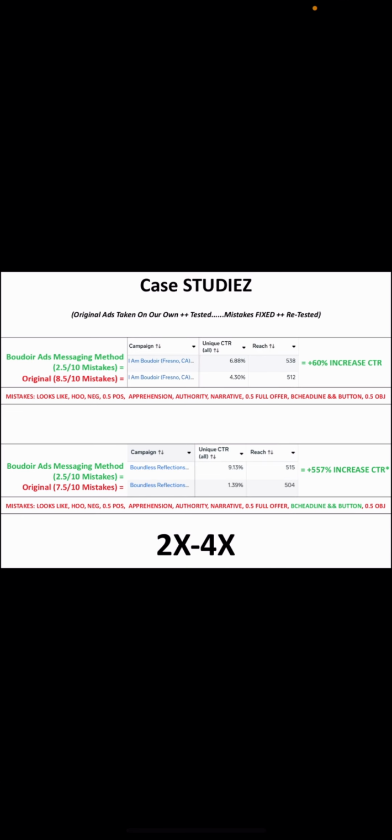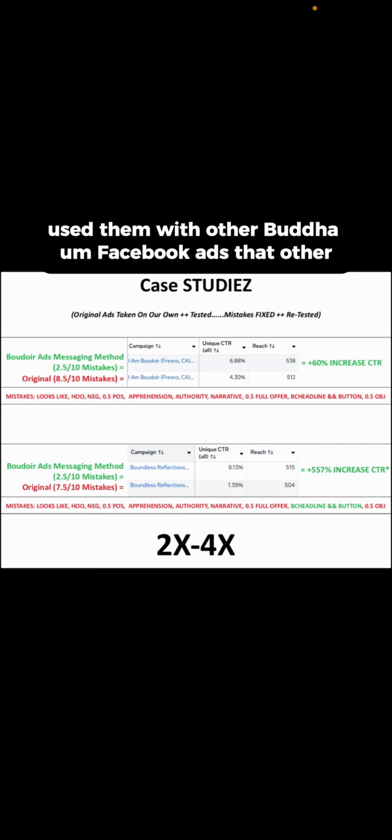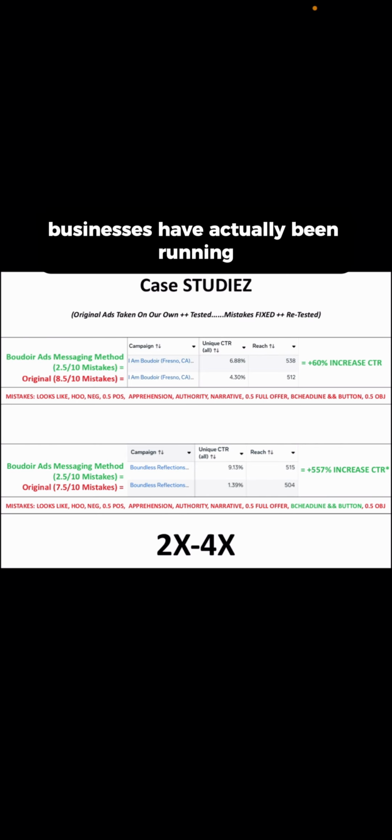I've already used them with other Boudoir Facebook ads that other businesses have been running. I saw them, took them, tested the originals, and then tested them again when I fixed the mistakes they had.